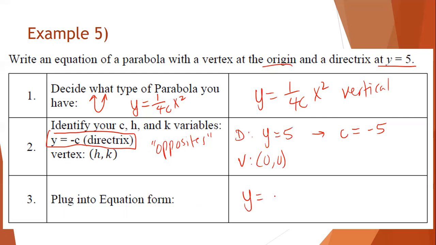So my equation equals 1 over 4 times -5, which is -20. What is our C?